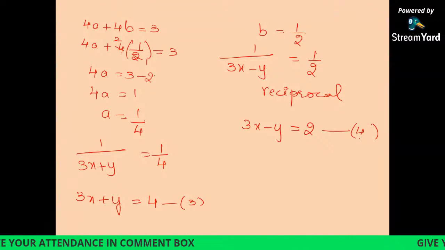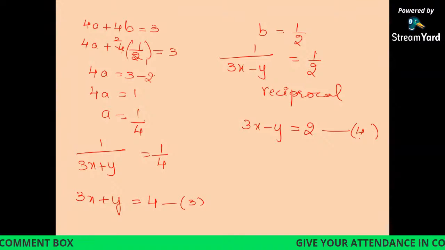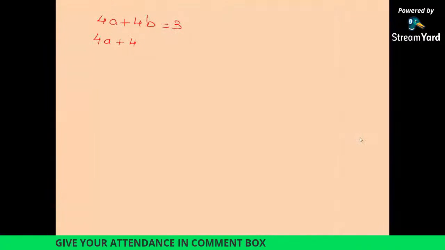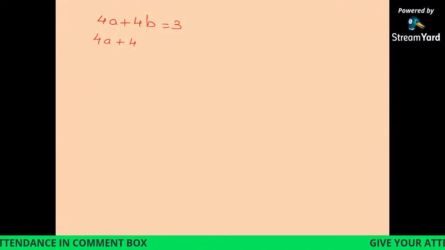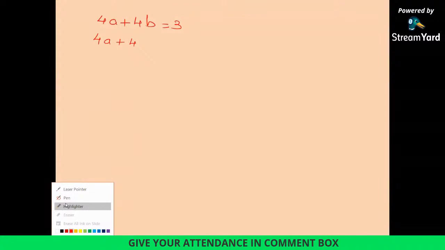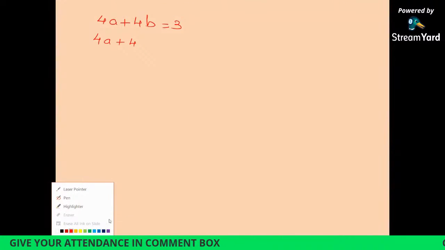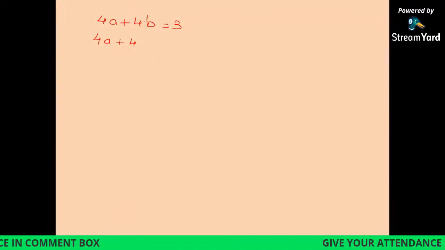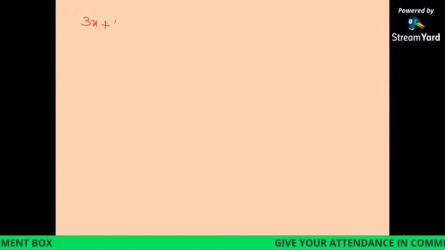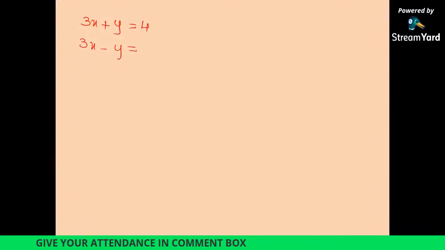Right? Now we have to solve equation 3 and 4 simultaneously. Once again, equation 3 is 3x plus y is equal to 4 and equation 4 is 3x minus y is equal to 2, right?